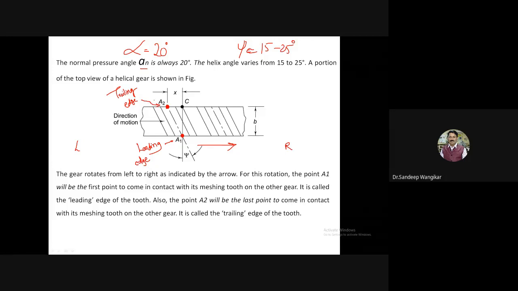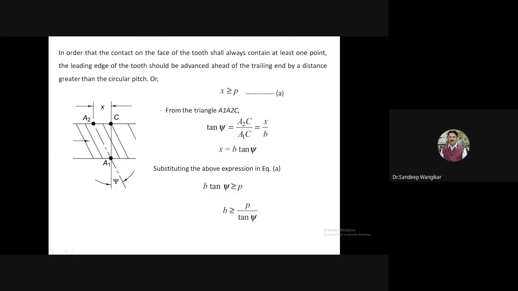So leading edge and trailing edge I have shown you. If we assume the motion is from left to right, and a helical gear is there, consider one center line of the tooth, A1 A2. Then A1 will be the first point which comes in contact with the other tooth. It is called the leading edge, and A2 will be the last point which comes in contact with the other tooth. It is called the trailing edge.